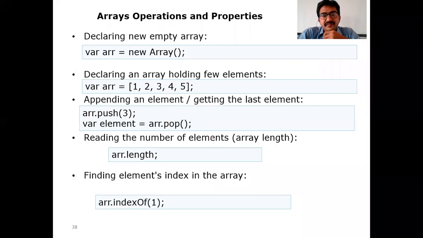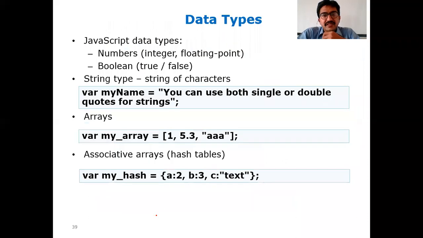And these are some of the declarations of an array, operations and properties: we can create a new empty array or one holding a few values, push elements into it, and pop them. When you want to find the index of an element in an array, you can do that with the help of the indexOf method. Not only this, you can do a lot of things over this.